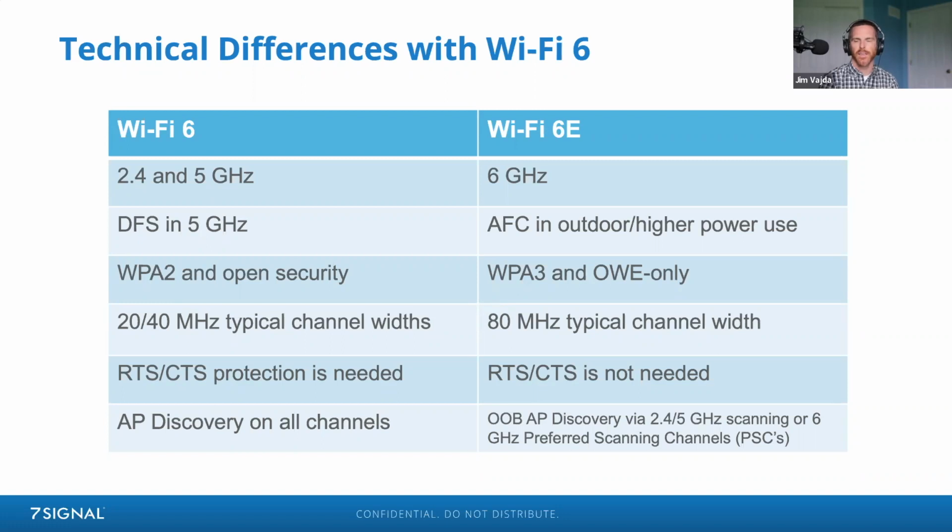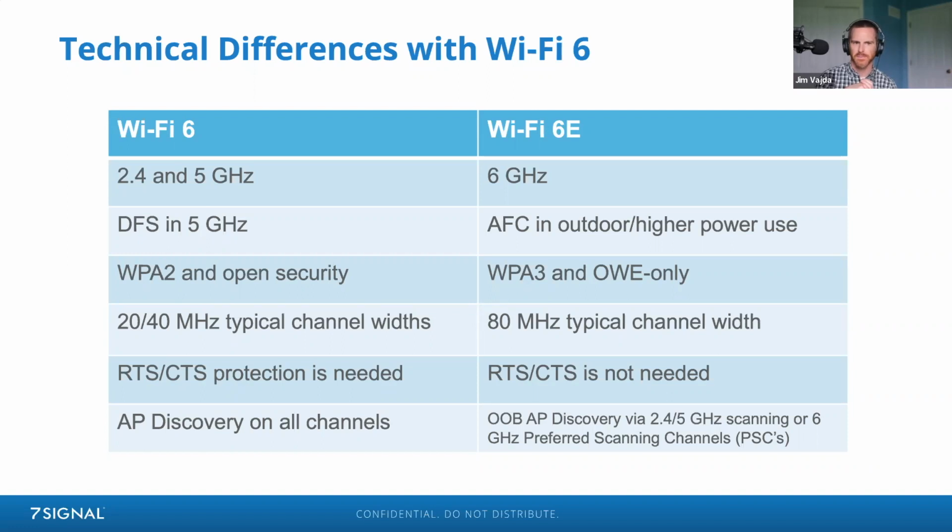So that's an inflection point. As soon as we start to support Wi-Fi 6E, we have to enable WPA3 for the SSIDs that are going to operate there. And if those SSIDs also operate in 2.4 and 5 gigahertz, then you need WPA3 support there as well. So that's a big consideration.